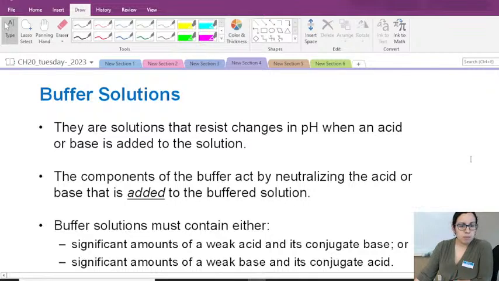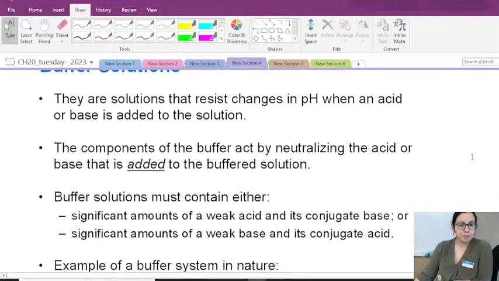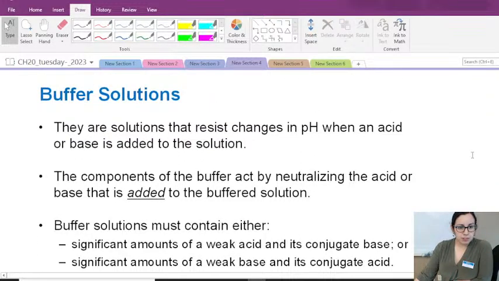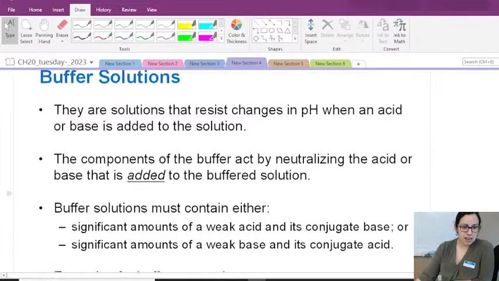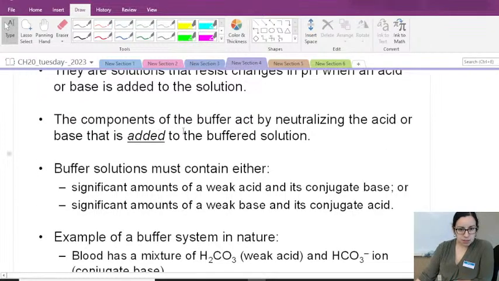Now we have buffer solutions. And so buffer solutions are solutions that resist changes in a pH when an acid or base is added. And so this happens by the buffer either neutralizing the acid or base that is added to the buffer solution.